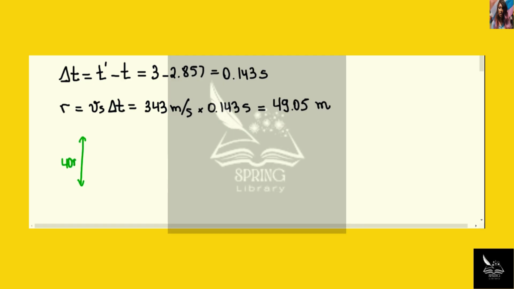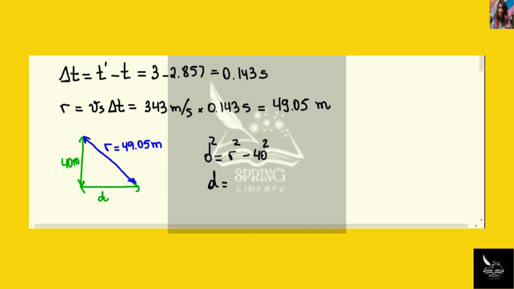Notice that the height of the cliff is 40 meters. We want to find the horizontal distance d, and the distance r here is equal to 49.05 meters. Since this is a right triangle, we can find d. d squared is equal to r squared minus 40 squared.